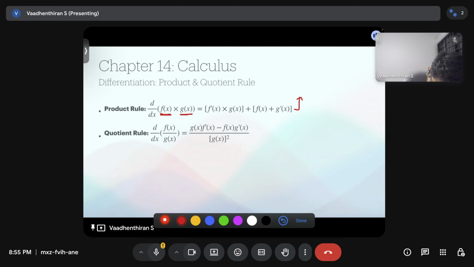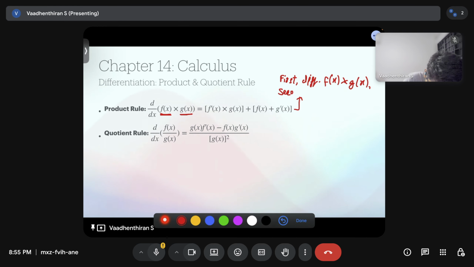First, differentiate f x and then write g x as it is: differentiate f x times g x.